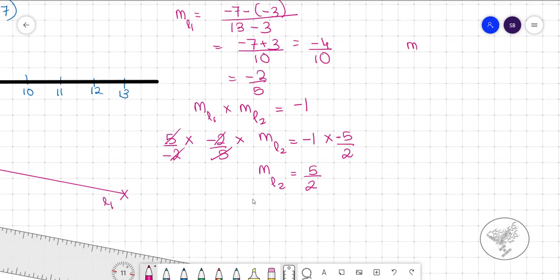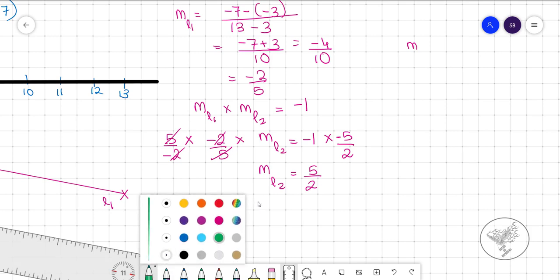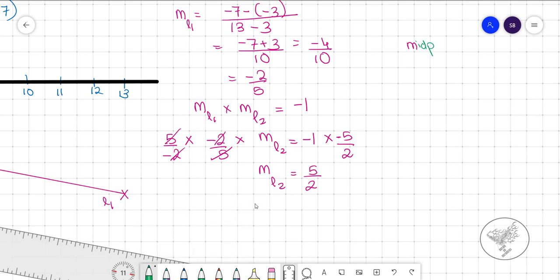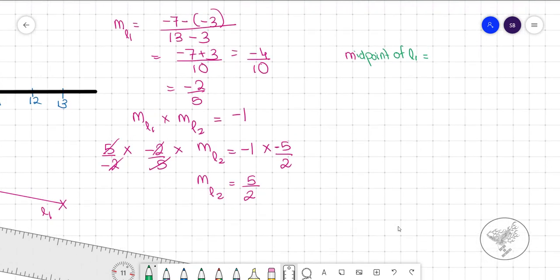Next, I have got to find the center point. So the midpoint of L1 is equal to 3 plus 13 over 2 comma minus 3 plus minus 7 over 2.